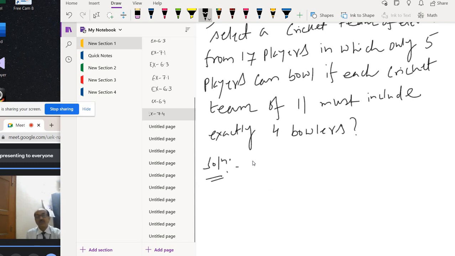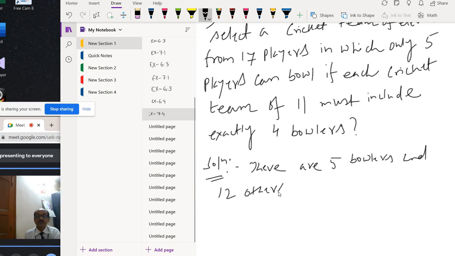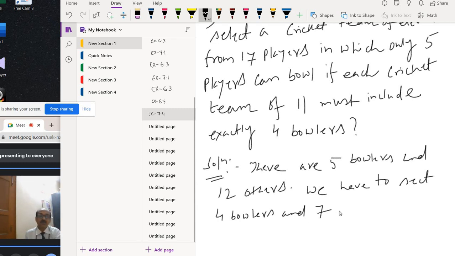So there are 5 bowlers and 12 others. We have to select 4 bowlers and 7 other players.